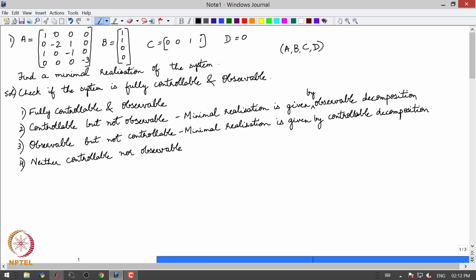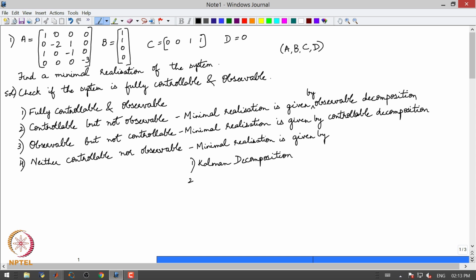So, now what if it happens that the system is neither fully observable nor fully controllable? Then minimal realization is given by, you can do this in two ways. One is using Kalman decomposition, but finding the basis for a Kalman decomposition is very difficult.